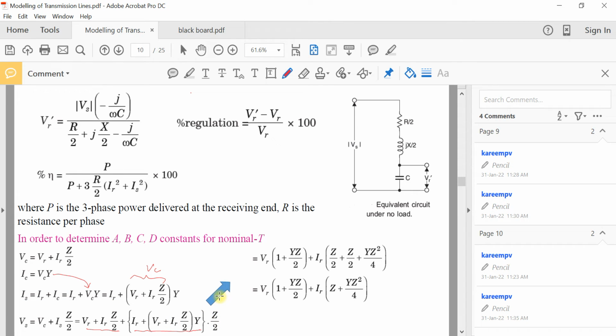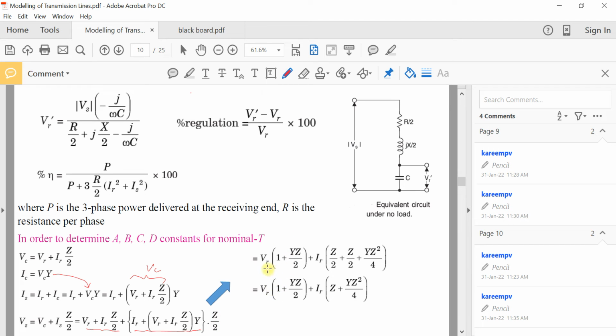Now if you simplify this, our aim is actually to express Vs in terms of VR and IR. So from here Vs will be equal to, if you take VR outside, you have 1 plus this term, VR into YZ by 2.